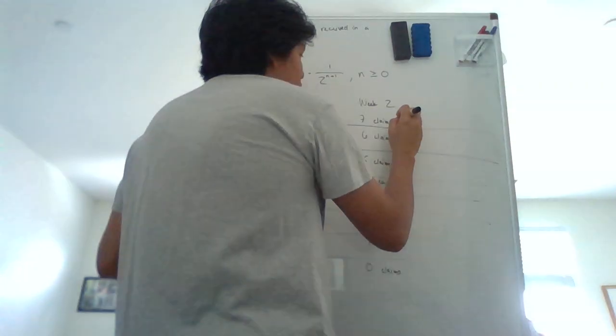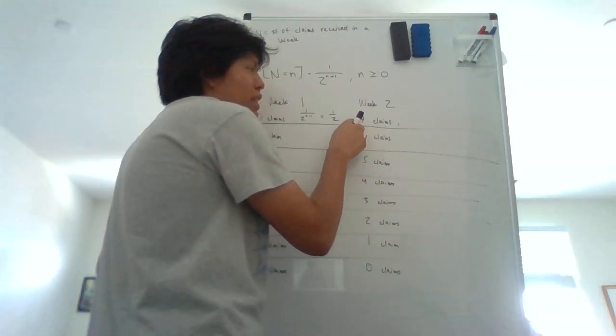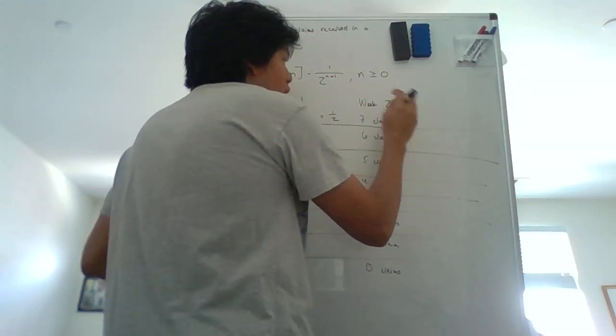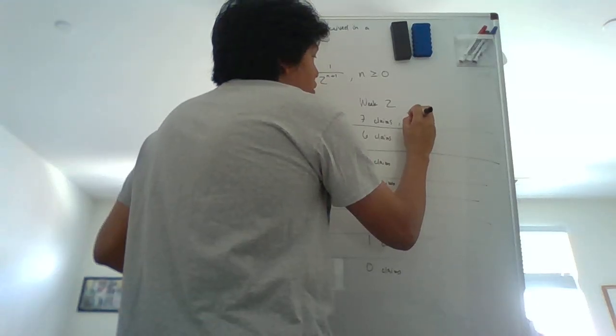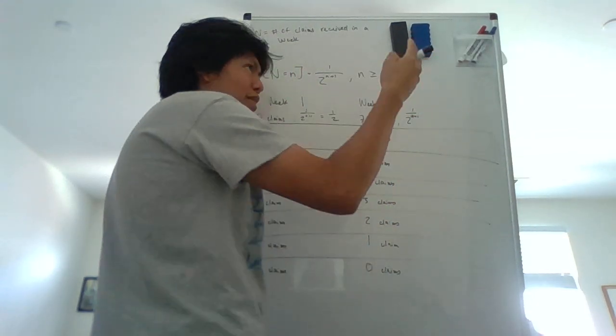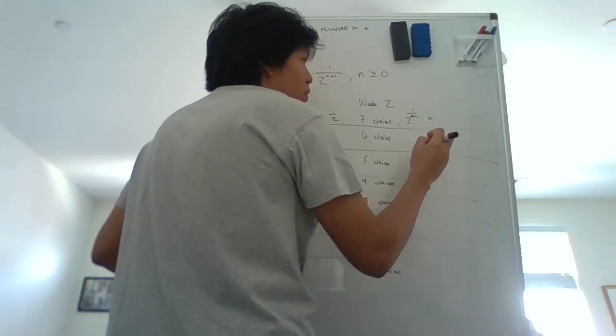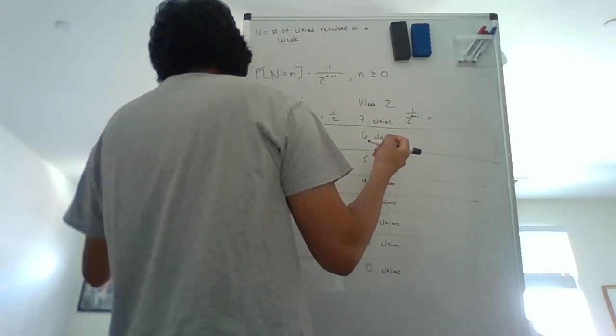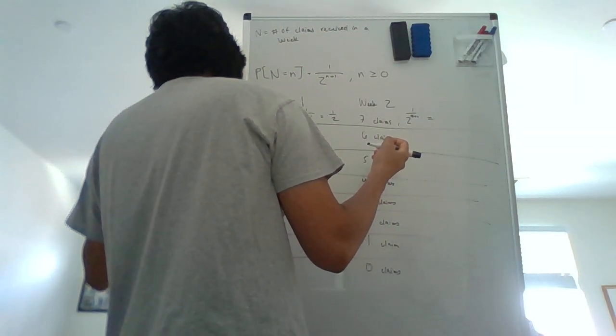What about 7 claims? What's the probability of us getting 7 claims in week 2? That would be 1 over 2 raised to the 7 plus 1, or 2 to the 8th. 1 over, what's 2 to the 8th? 64? I think. Is it?